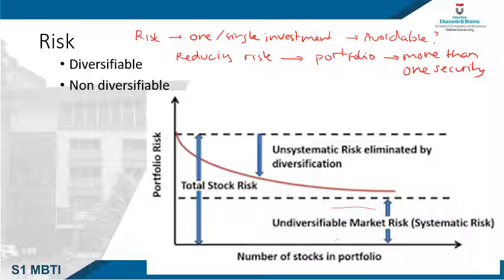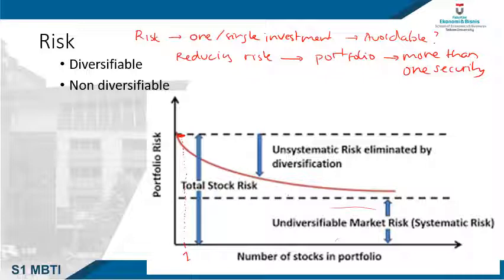So here we see the diagram of the portfolio risk and the number of stocks in portfolio. So you see here, if I put here 1, it means one stock. This only stock will give a risk in here. So this is a very high risk.